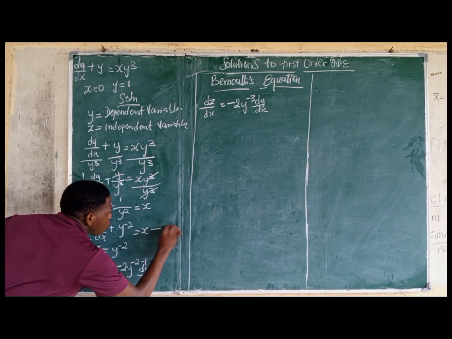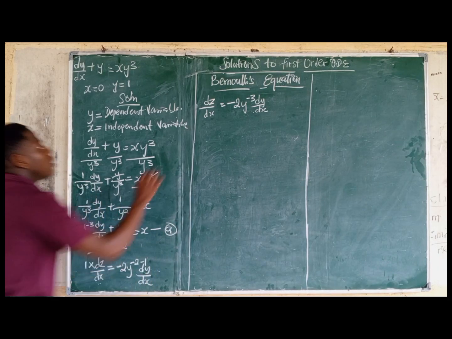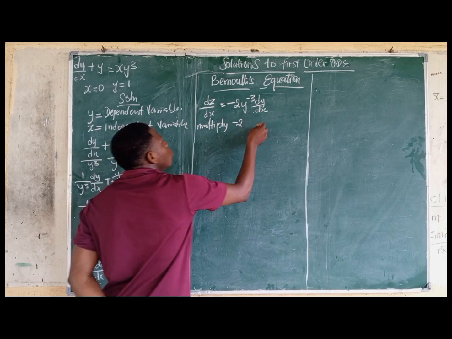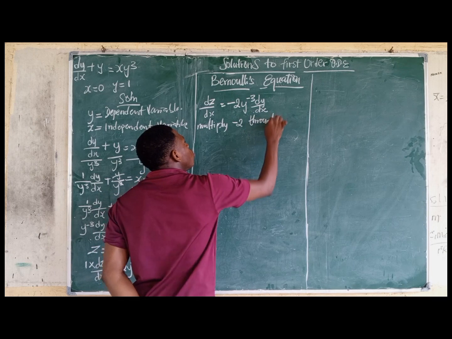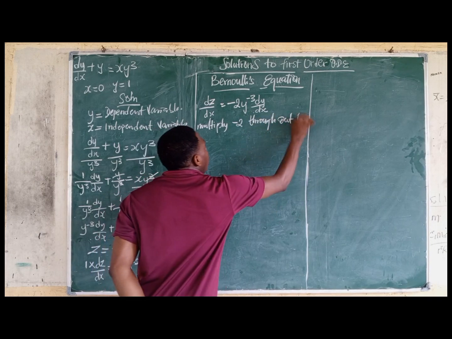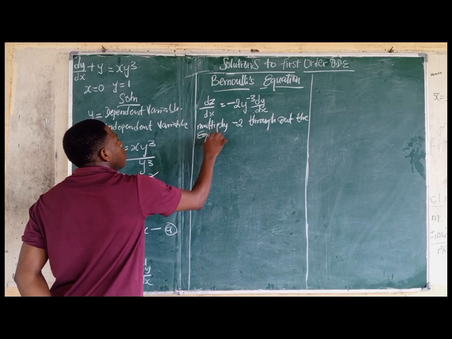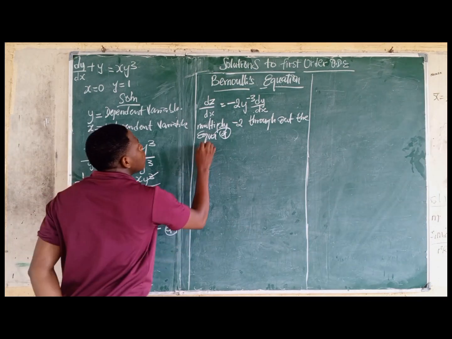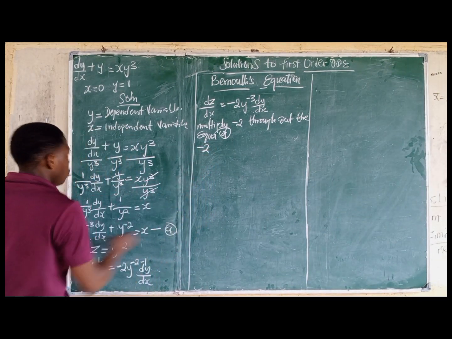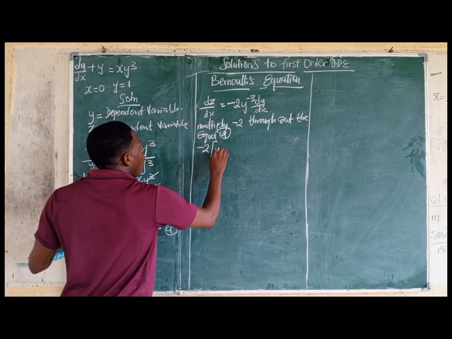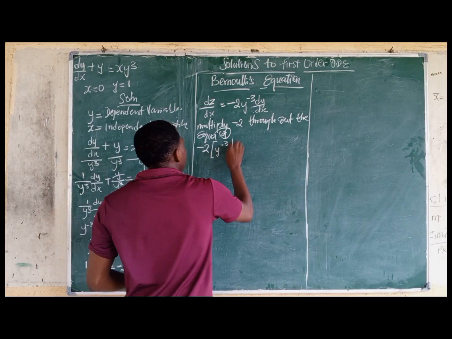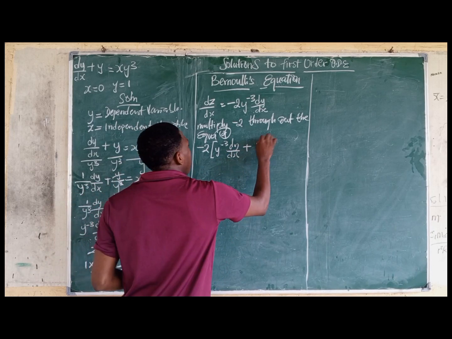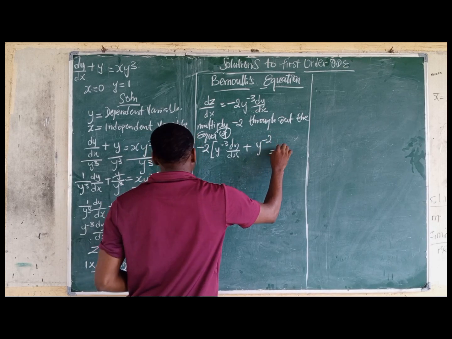So let's call this equation A. The next thing is multiply minus 2 throughout the equation A. Now, if we do that, we'll simply have minus 2 bracket y to the power of minus 3 dy over dx plus y to the power of minus 2 is equal to x.